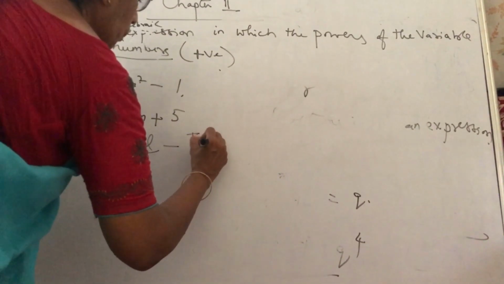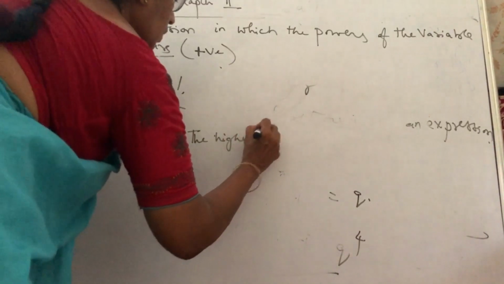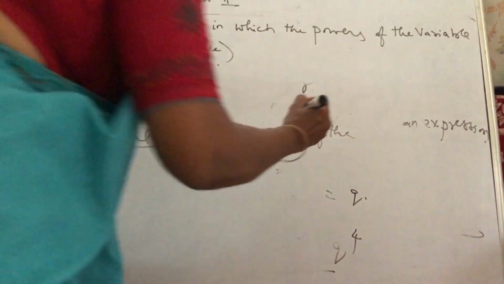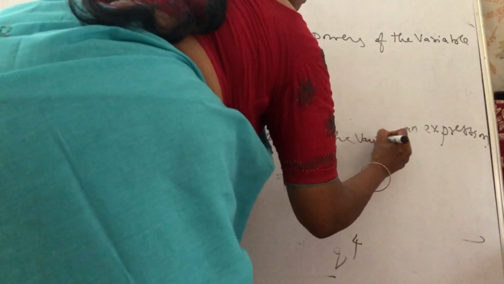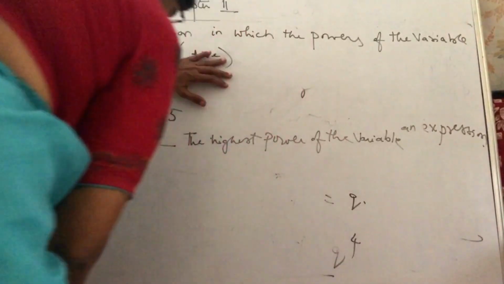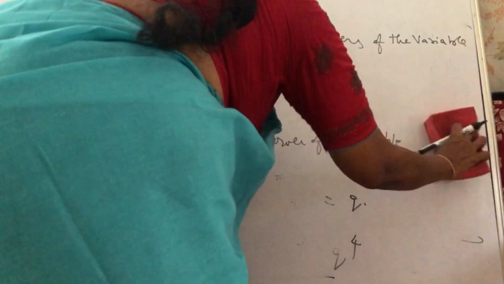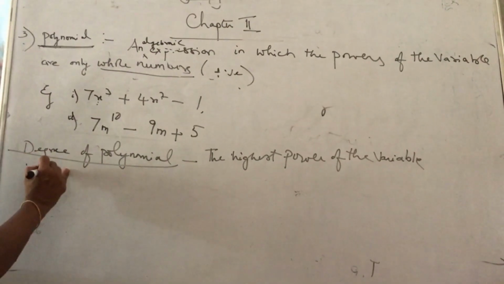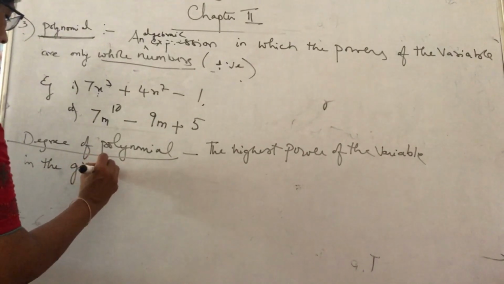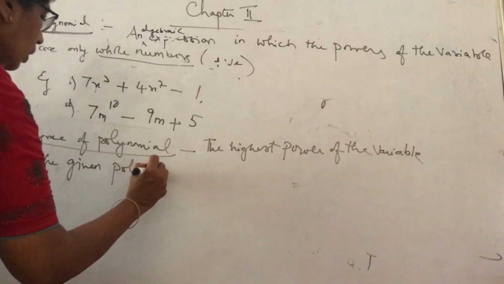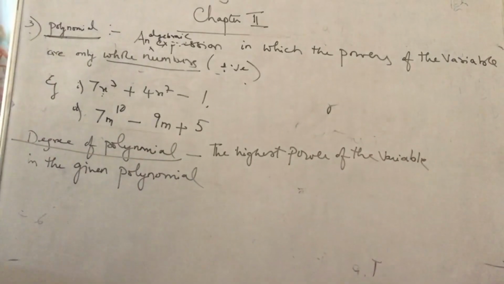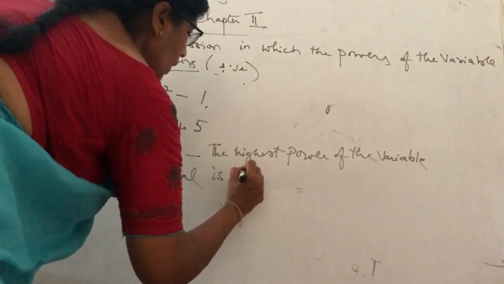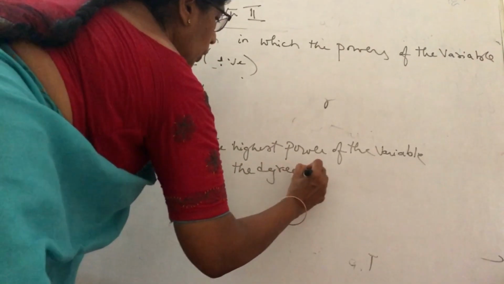The highest power of the variable in the given polynomial is the degree of the polynomial.